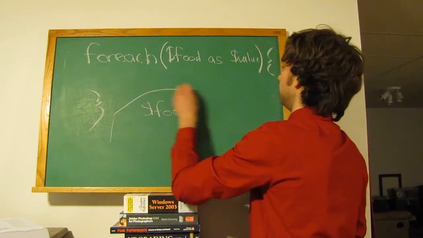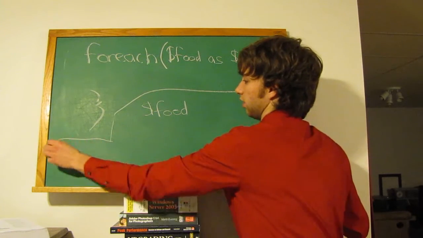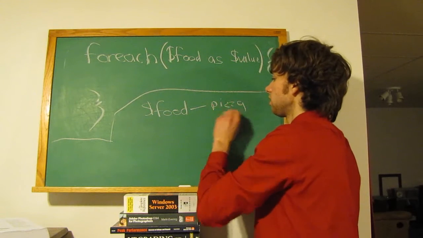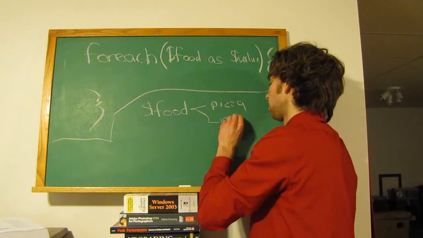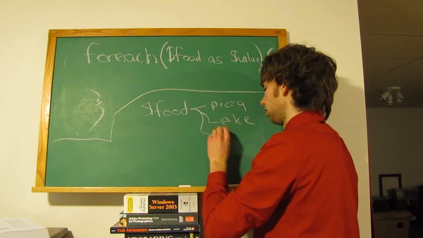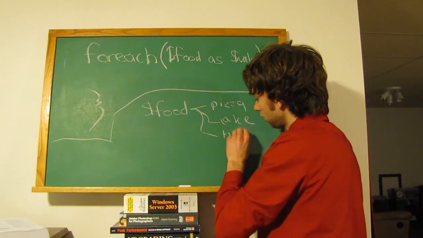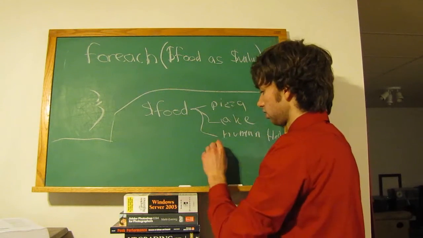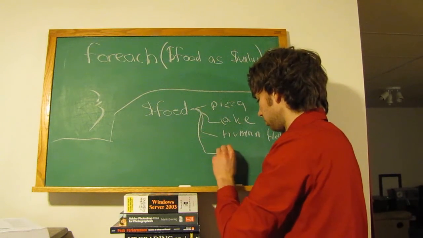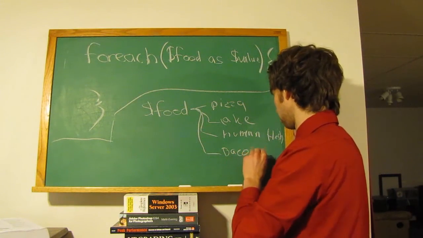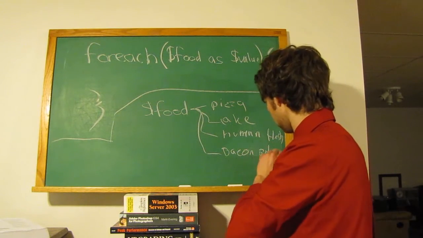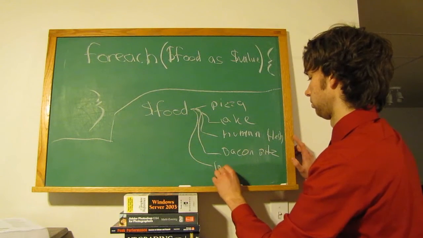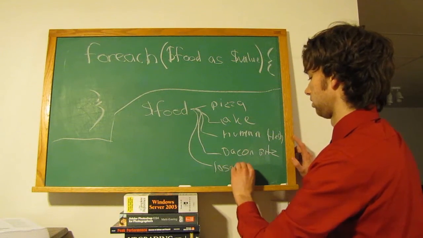Here, this is separate from this, just so you know. Food consists of pizza, cake, human flesh, bacon bits, and lasagna.